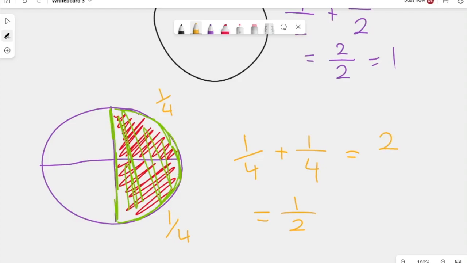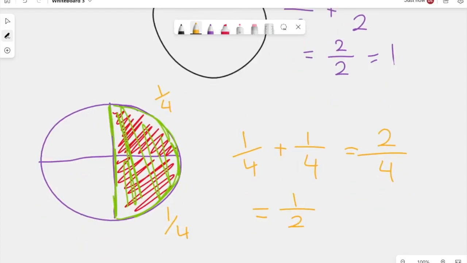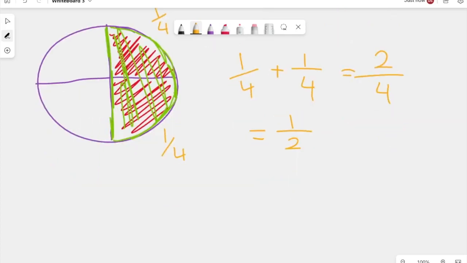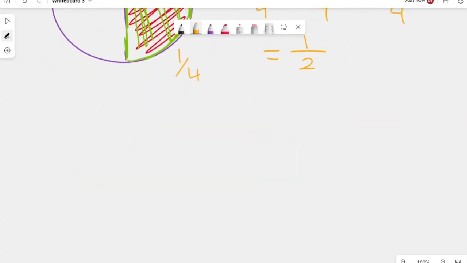Now I have 2 portions of the pizza out of the total 4 that I could have had. Now, this is adding, for example, right? Hopefully you're seeing some things come together, but I'm not going to explicitly define this just yet. I'm going to give you one more example with subtraction, however.